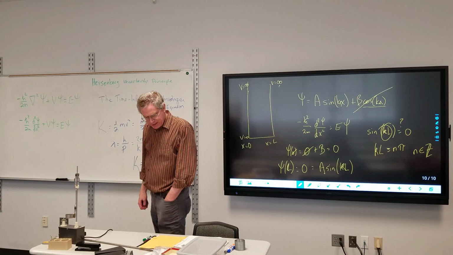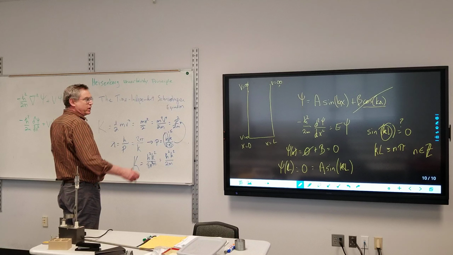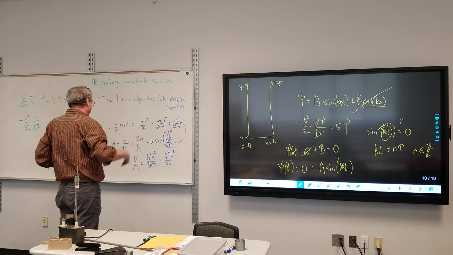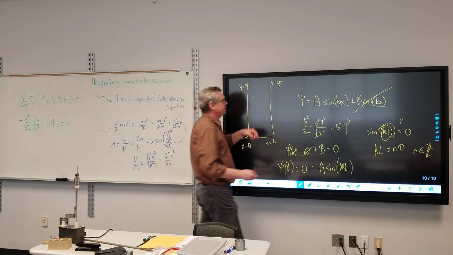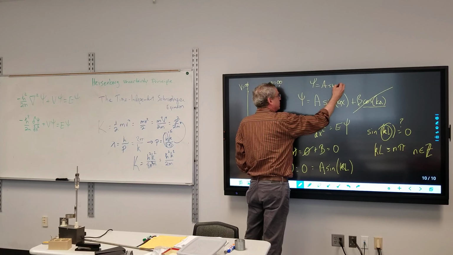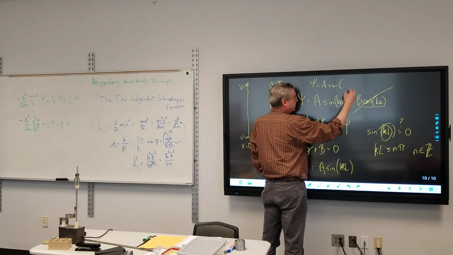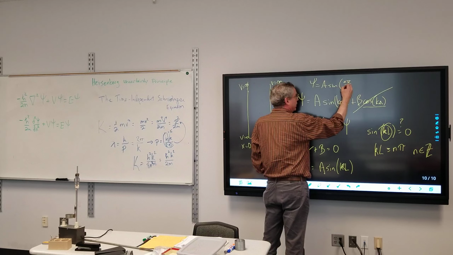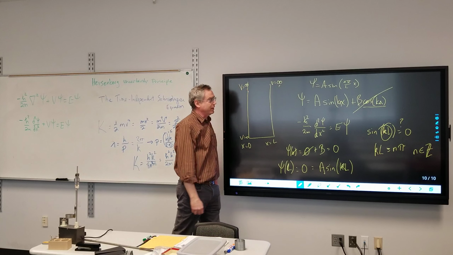So we have now taken this, so we started out with a general equation, we got rid of one of the terms, and so we now have it down to psi is equal to A sine of, well, k is going to be n pi over L times x, where n is just some integer.